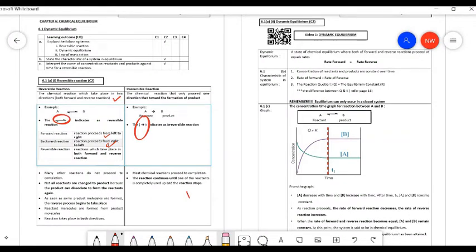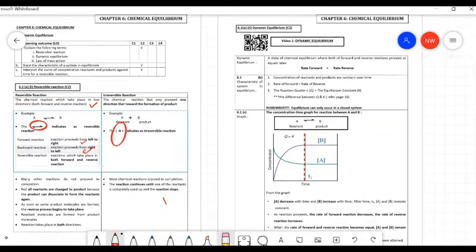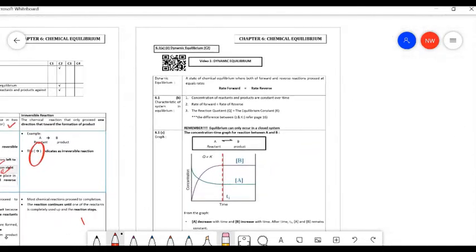Itu untuk reversible reaction. And then we will have a look at dynamic equilibrium. Apakah itu dynamic equilibrium? Okay, dynamic equilibrium adalah satu state keadaan di mana rate of forward reaction itu akan sama dengan rate of reverse reaction. Okay, jadi ciri-ciri sistem pada equilibrium adalah biasalah kalau based on definition, rate of forward reaction equal to rate of reverse reaction, concentration of the reactant and product are constant over time.